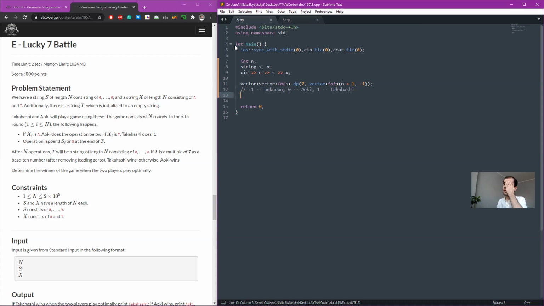Let's make 1 unknown, 0 is Aoki wins, 1 is Takahashi wins. First is the remainder, second is how many moves there are remaining. Oh, actually, -1 is.